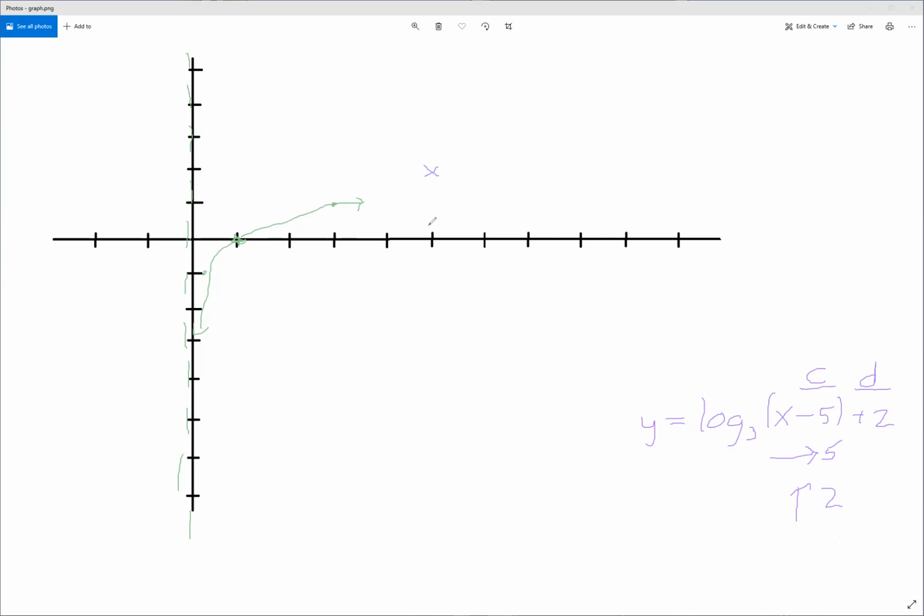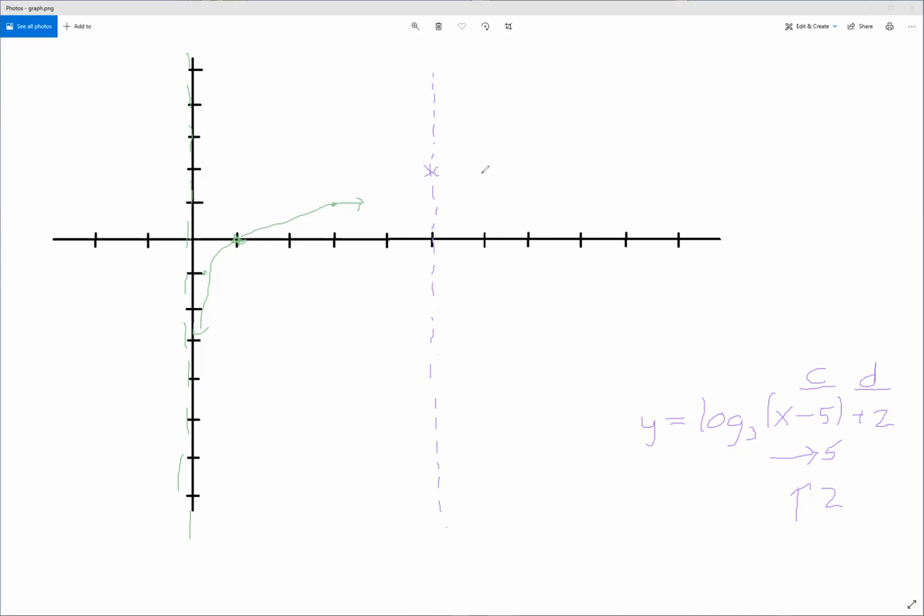Well, the first thing that I told you to move with the exponential graph was the asymptote. So let's move our asymptote. It goes to the right by 5, but it goes up and down by 2. Up and down by 2 isn't going to do anything. Up and down for a vertical line is just going to extend forever. So we're only moving it to the right by 5. And there we go.